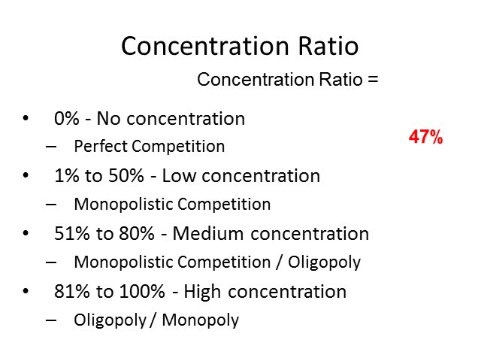Since 47% is not equal to 0%, the firms are not perfectly competitive. Next is the calculated ratio in the range of 1% to 50%? Yes, and so the firms operate in a market with low concentration, which is translated roughly into a monopolistic competitive market.